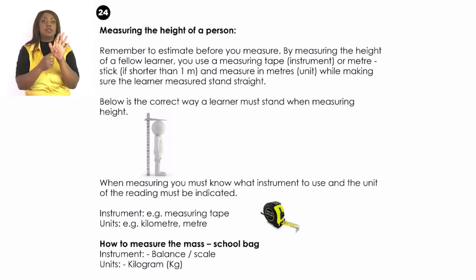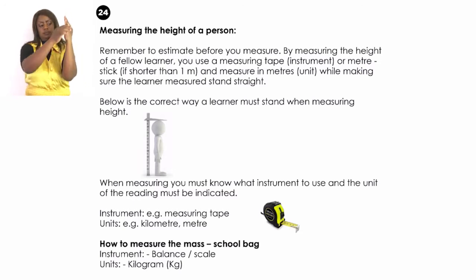By measuring the height of a fellow learner, you use a measuring tape, which is an instrument, or a meter stick, which is also an instrument, but that should be shorter than 1 meter or exactly 1 meter. And measure also in meters, meaning when you are measuring the height of a person, it should be recorded in meters. But then you must make sure the learner measured stands straight.